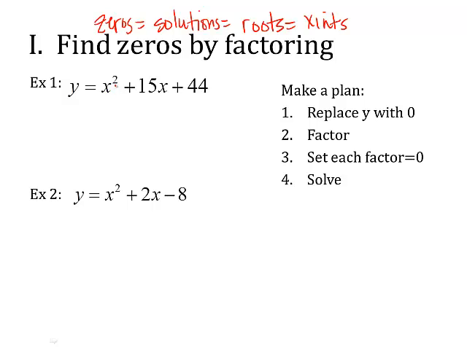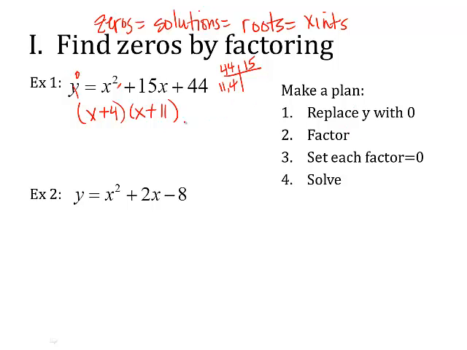So if I look at example 1, I have two solutions, or two zeros, I need to find. The way I'm going to find them is by factoring. If I don't have a graph, I'm going to factor it. I have to multiply to get 44 and add to get 15. 11 and 4 work really great. So I'm just going to do x plus 4, x plus 11. I replaced the y with a 0 and factored.